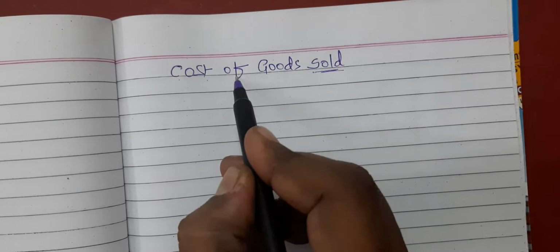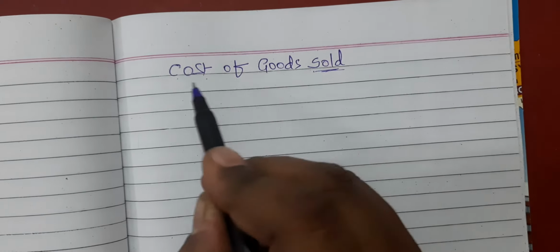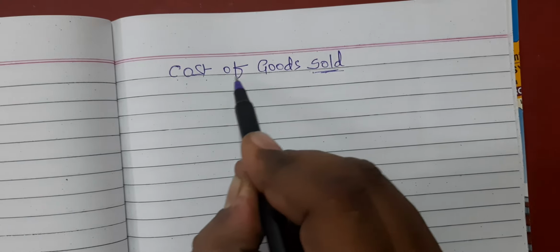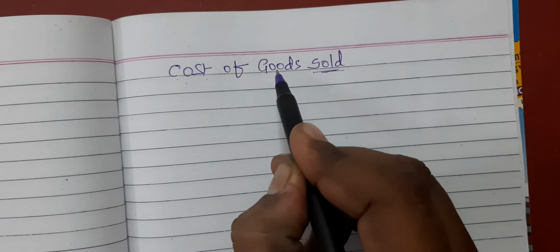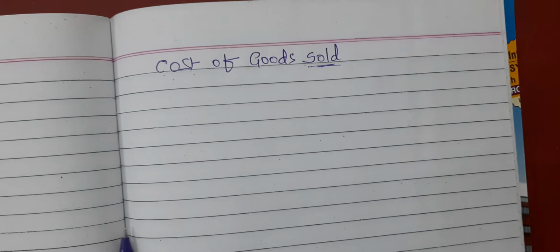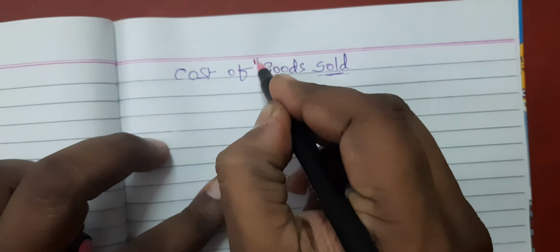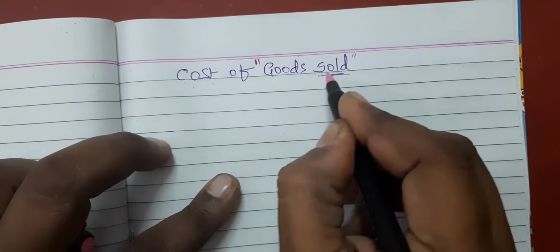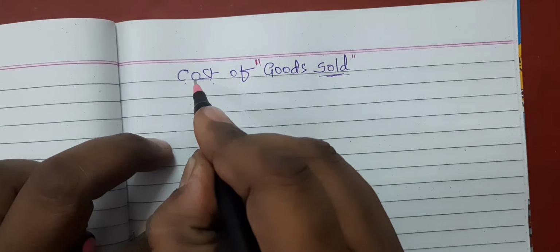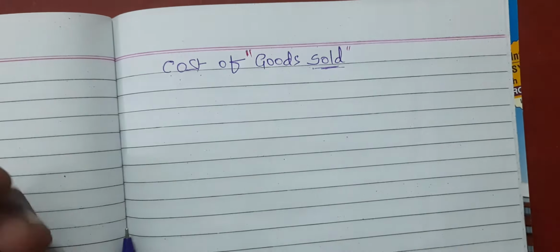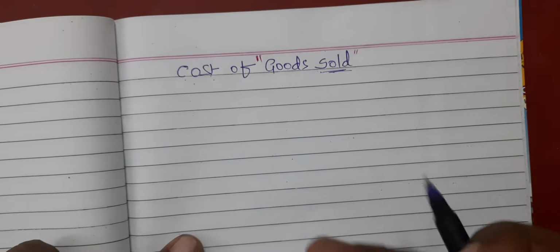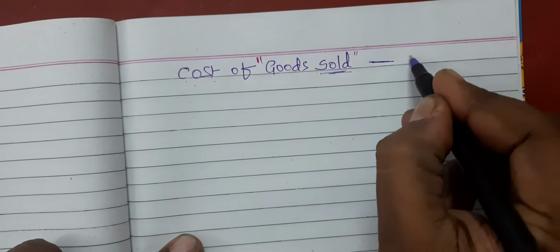Cost of goods sold, that is, the cost of goods which are sold. For example, it is 1 lakh rupees.